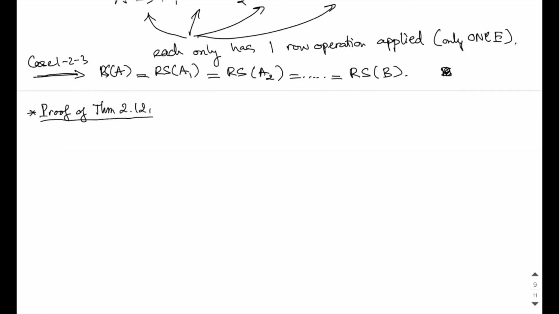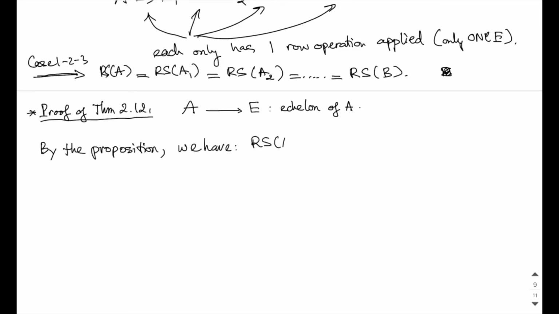Let's suppose that you have a matrix A, and then you are going to get, the best is the row reduced echelon form, RREF, but here any echelon form E. By the proposition, we have row space of A equals row space of E because E is obtained from A by a series of row operations.